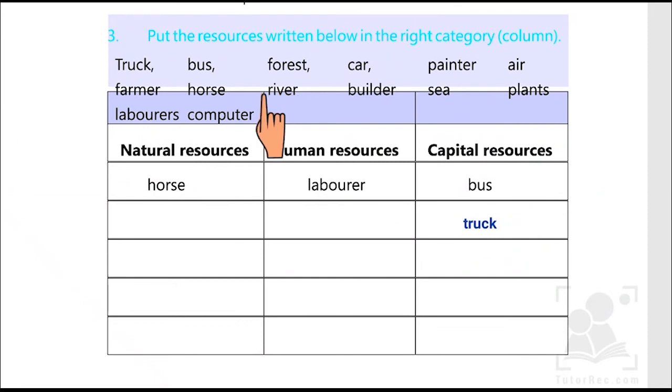Forest, related to nature, a natural resource. Car, a source to generate your income, a capital resource. Painter, someone who paints, a human resource. Air, related to nature, a natural resource. Farmer, a human resource.